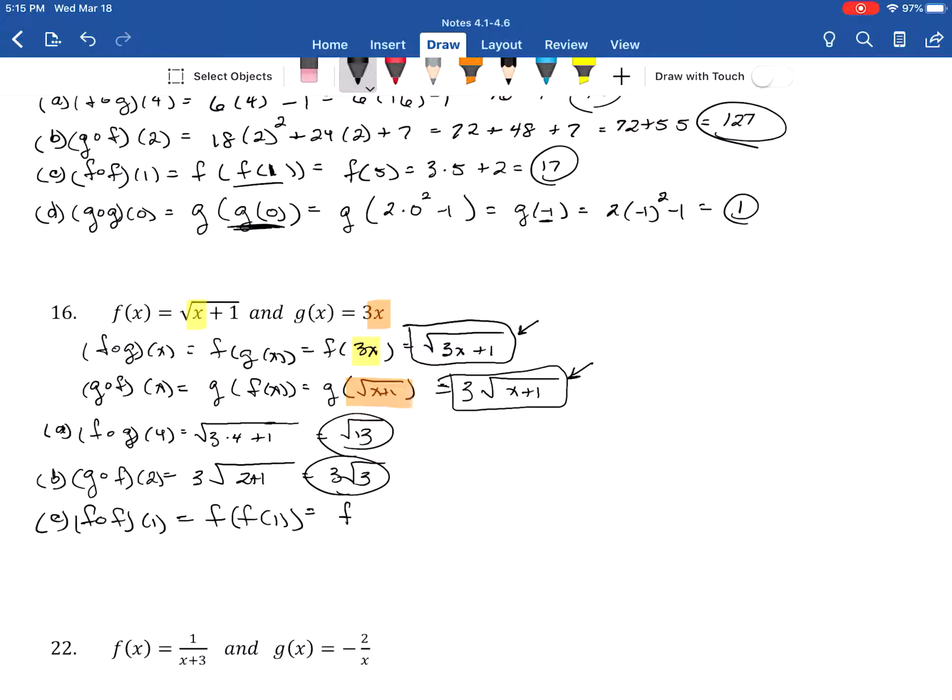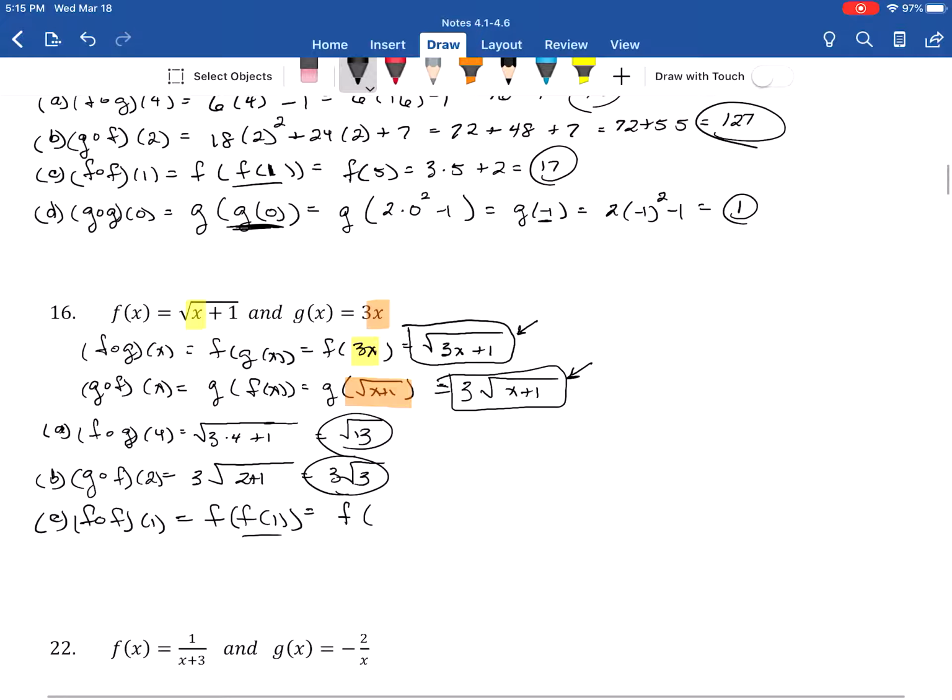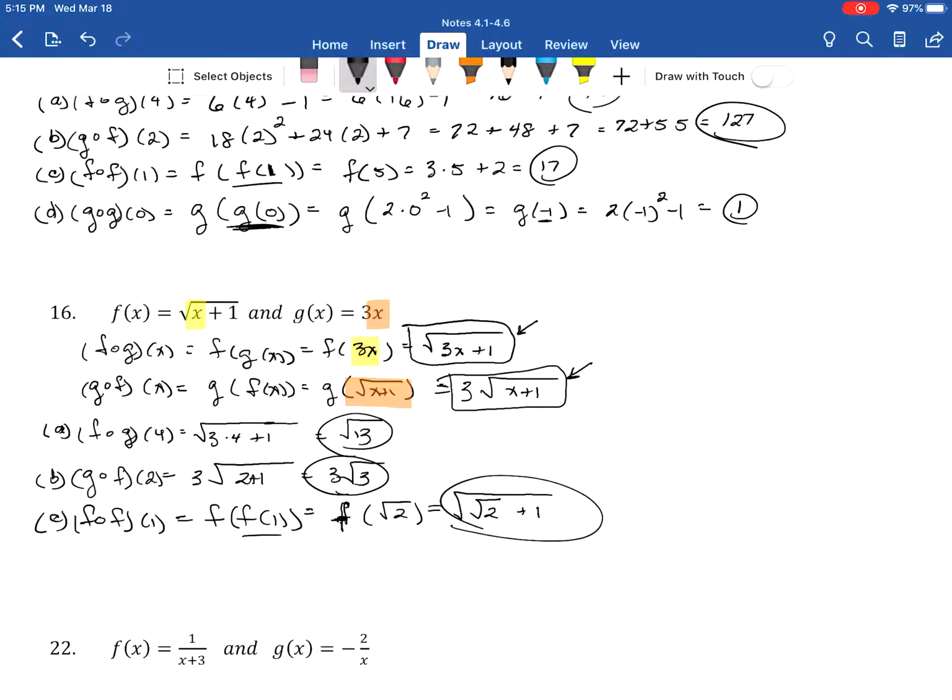Okay, so the first time I put 1 into function f, I get square root of 2. Now I put the square root of 2 into function f again, okay? And you get the square root of 2 plus 1. And that is as far as you need to take that.